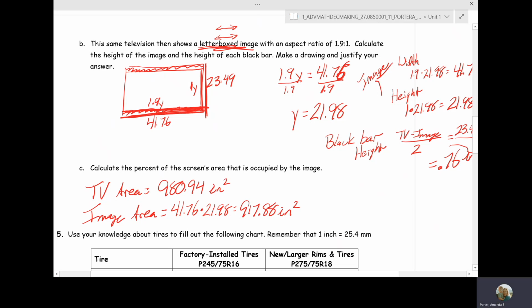So to find the screen's area occupied by the image, the percent, you're going to take the area of the image divided by the area of the TV and then multiply by 100, right, to turn it into a percent. So the 917.88 over the 980.94 and multiply by 100.